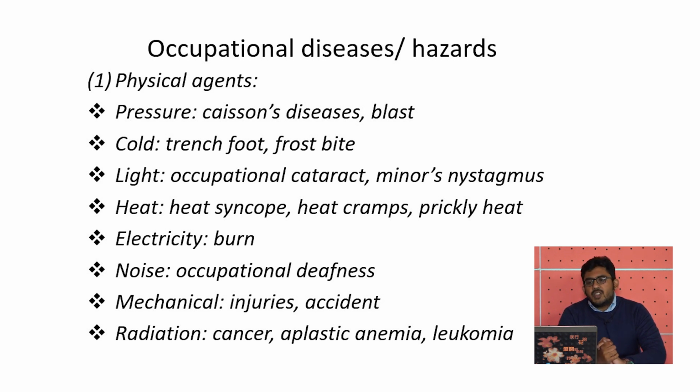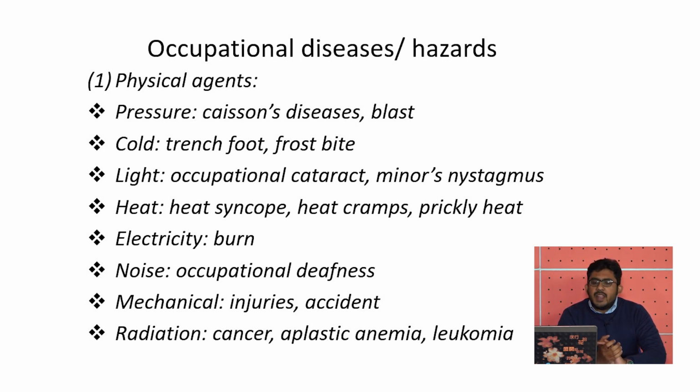For pressure, caisson disease or blast can occur. Cold: trench foot, frostbite. Light: occupational cataract and miner's nystagmus. Heat: heat syncope, heat cramps, prickly heat. Electricity: burn. Noise: occupational deafness. Mechanical: injuries and accidents.